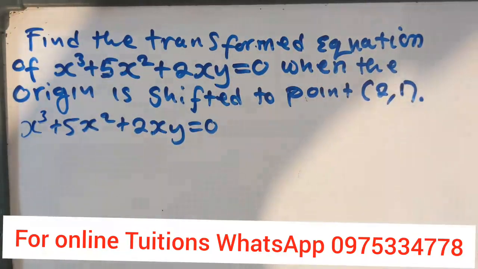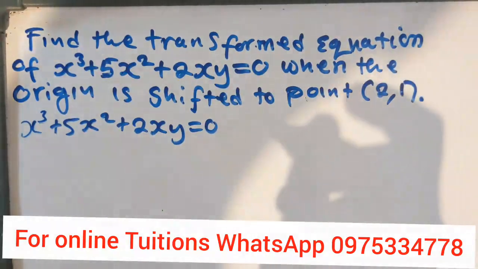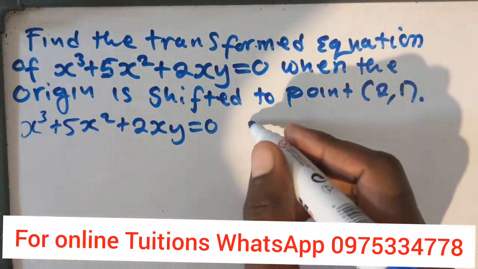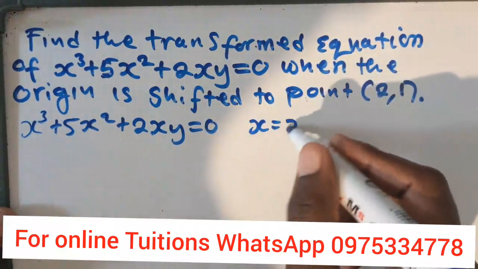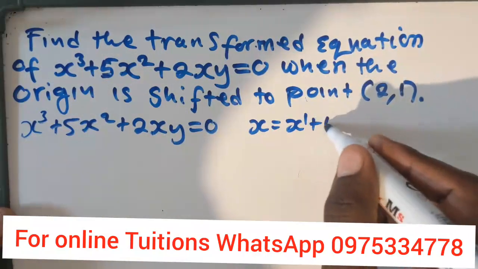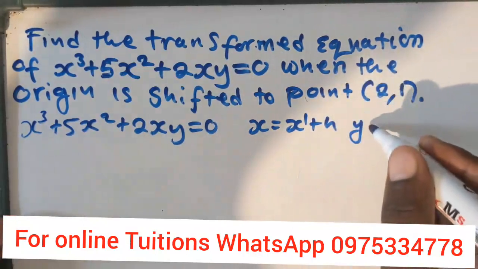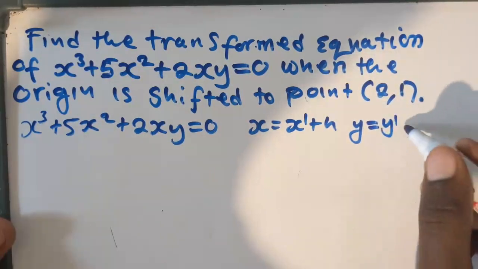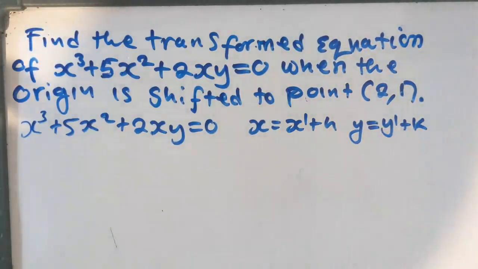And you already know that if you want to find h, the formula is x is equal to x prime plus h. And if you want to find k, the formula is y equal to y prime plus k, right? Good.